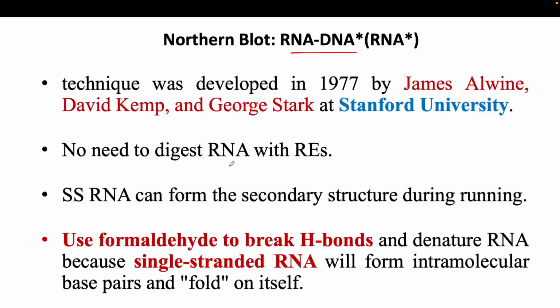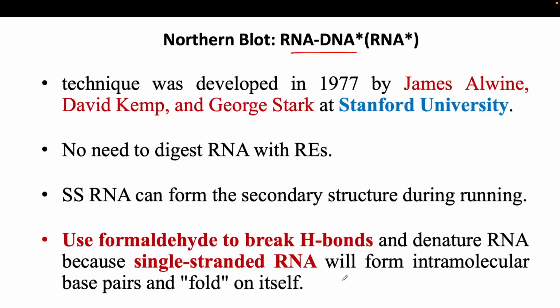Because RNA is already single stranded, there is no need to denature it either. The gel is made with formaldehyde to break the hydrogen bonds and denature the RNA, because single stranded RNA would otherwise base pair intramolecularly and fold on itself.